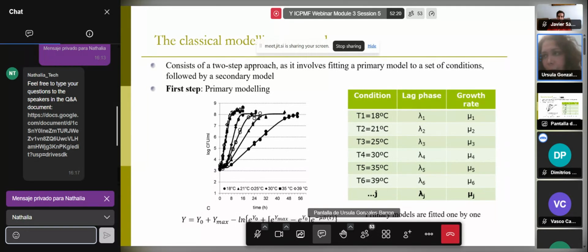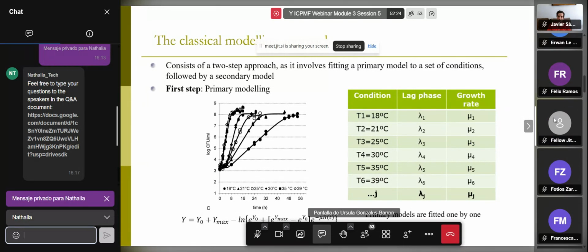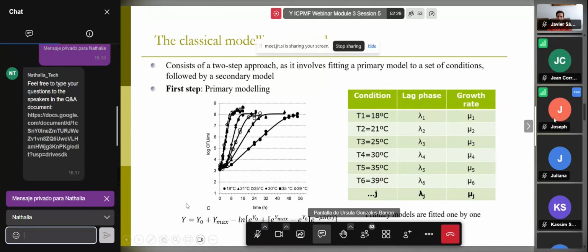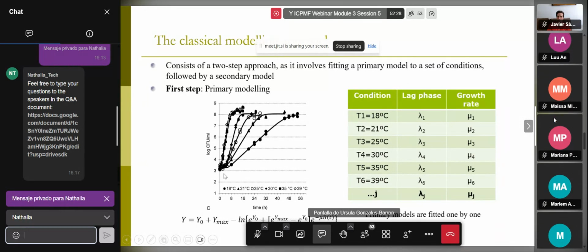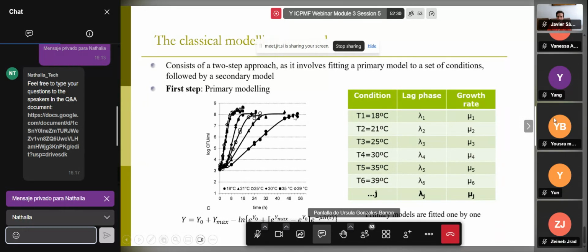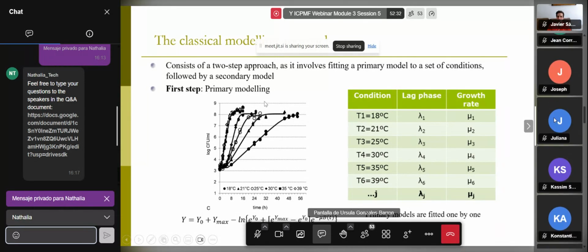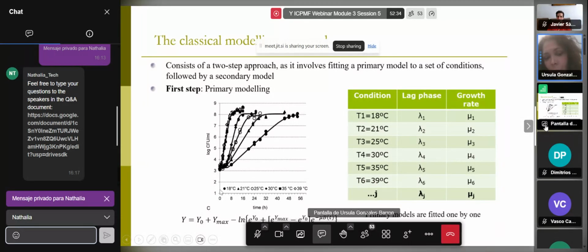It was to fit a primary model, like you see in the graph, as a first step, but for each condition: for 18 degrees you will fit this line, for 21 degrees and so on. So this was the approach, and it's still very widely used. Of course, you can keep using it, but under certain circumstances it is better to opt for omnibus modeling.